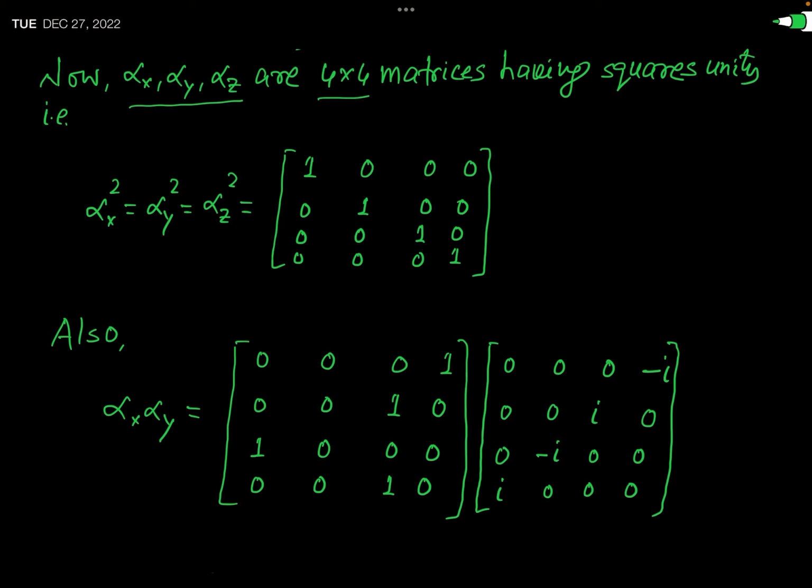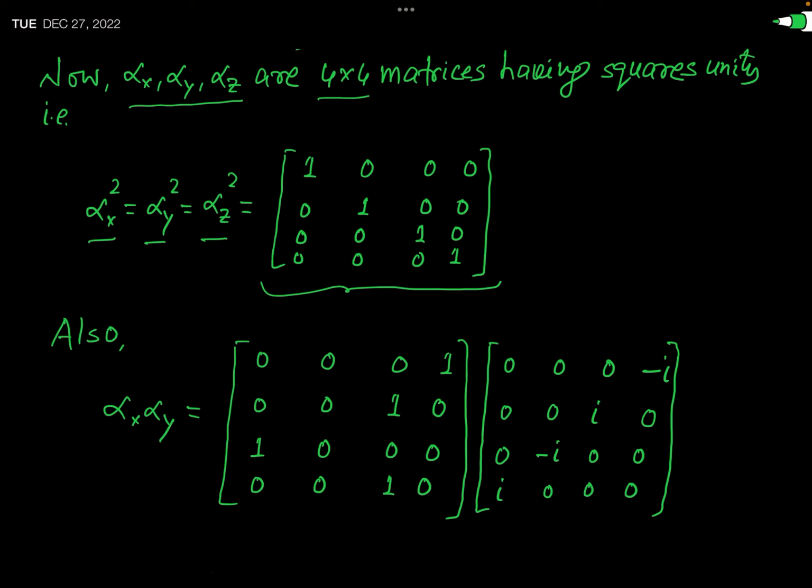So alpha x square, alpha y square, and alpha z square are all equal, and that is just a diagonal matrix whose diagonal elements are 1 and all the off diagonal elements are 0.